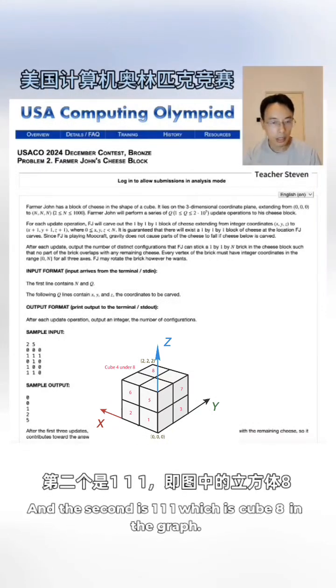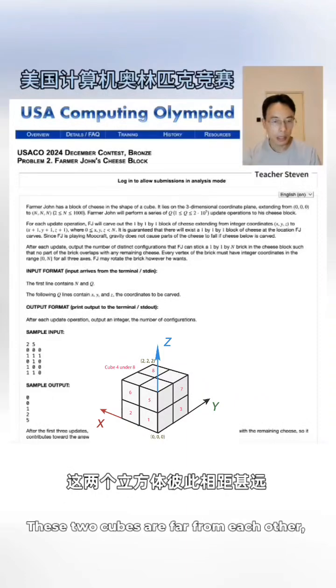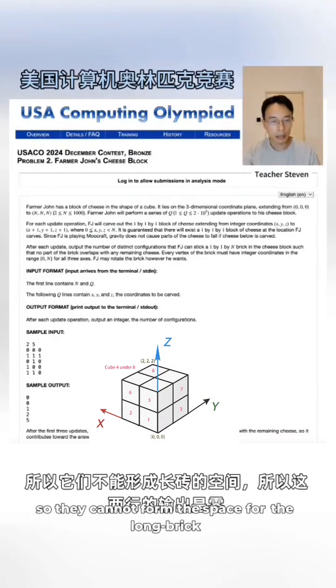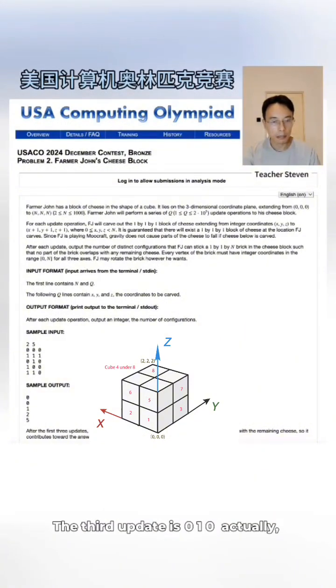The second is 1, 1, 1, which is cube 8 in the graph. These two cubes are far from each other, so they cannot form the space for the brick. So the output for these two lines is zeros.